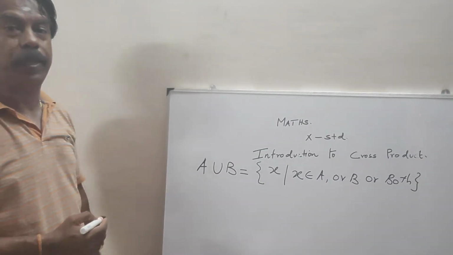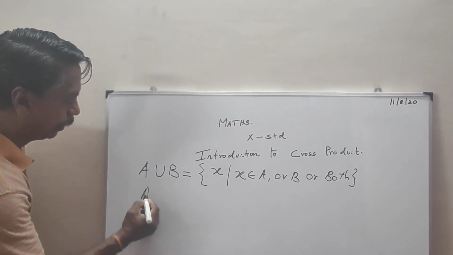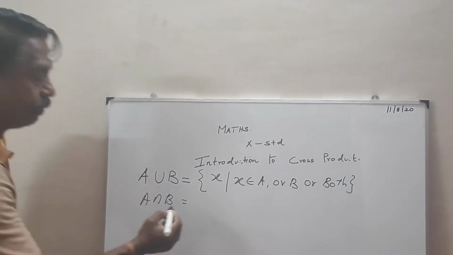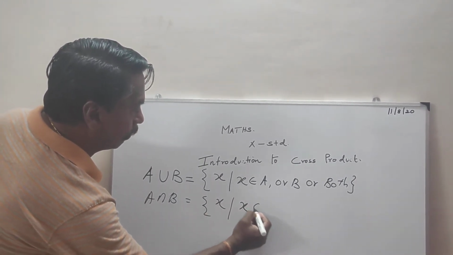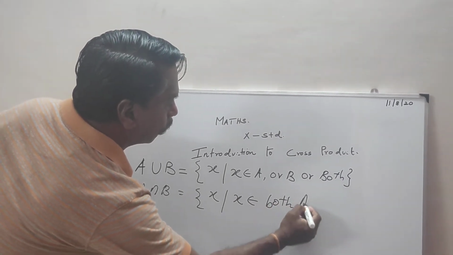This is A union B. We have another operation called A intersection B. It is defined as X such that X belongs to both A and B.